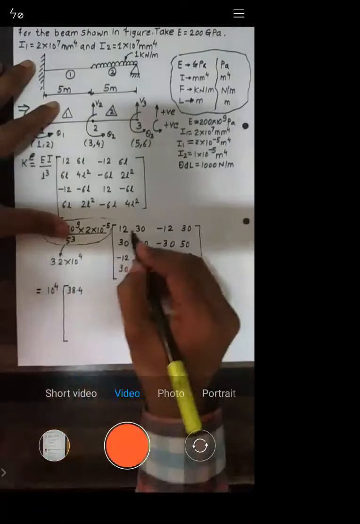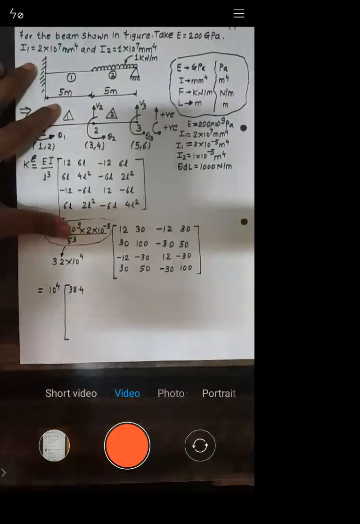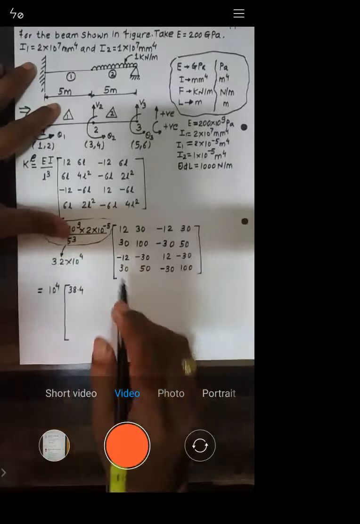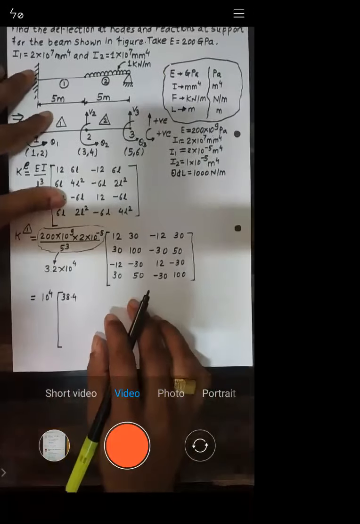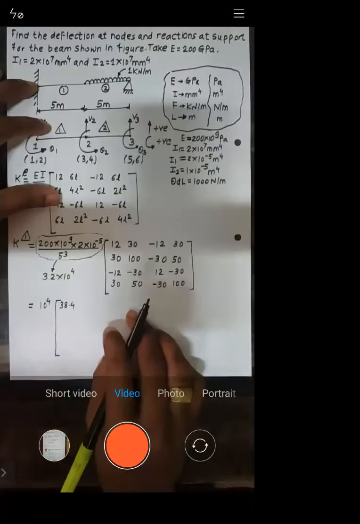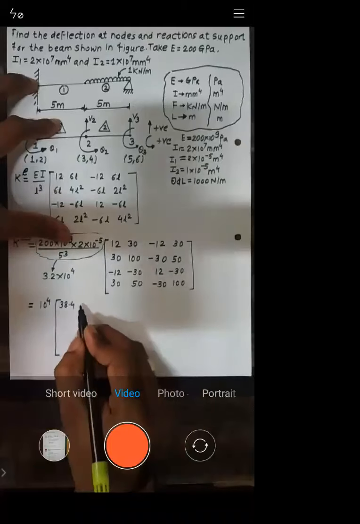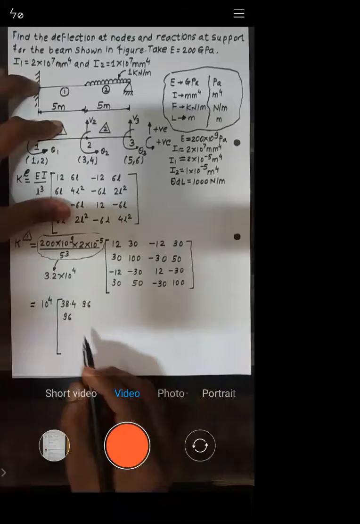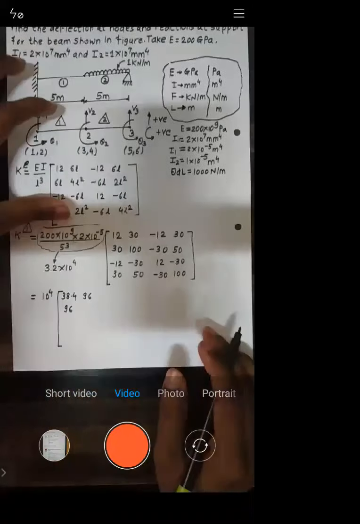Now 3.2 into 30, let me know. 96. So here it is 96, and again here it will be 96. Now 3.2 into 100.